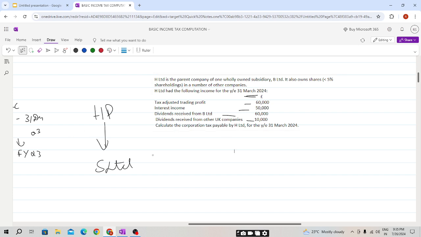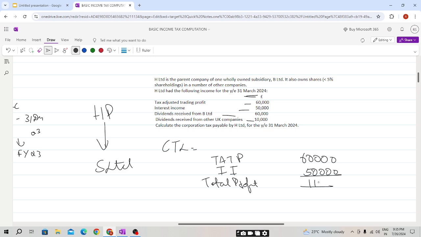So students, now the corporation tax liability will be payable on the TTP, taxable total profit. It will include tax adjusted trading profit 60,000 plus interest income, as we have seen in the format. Then any property income, no property income. Then miscellaneous income, no. Then chargeable gains, no. So it will give total profits.